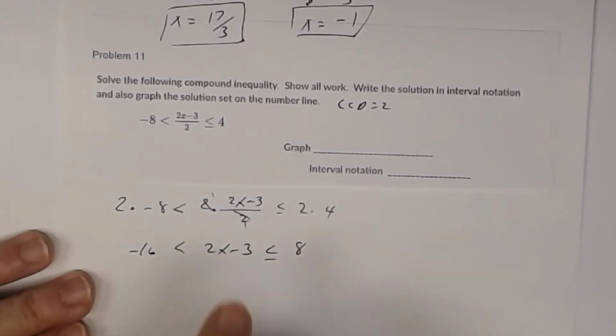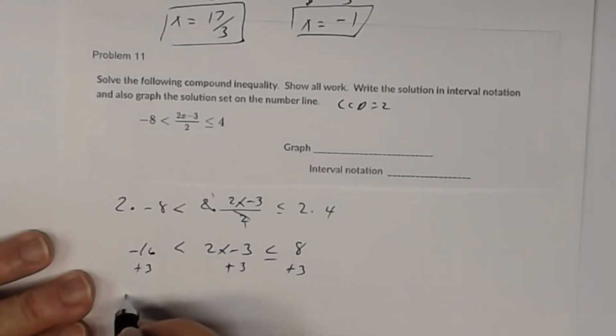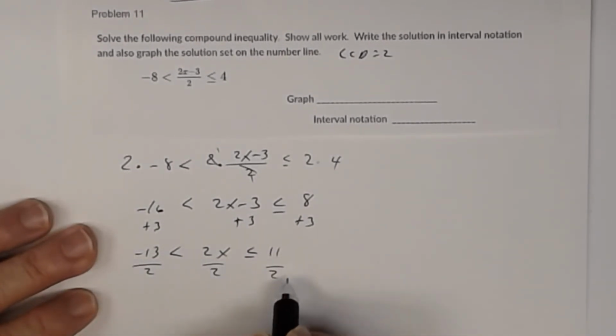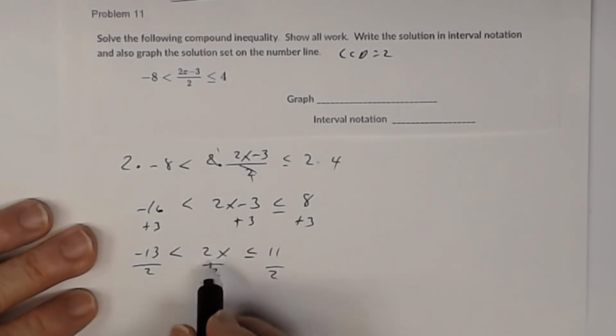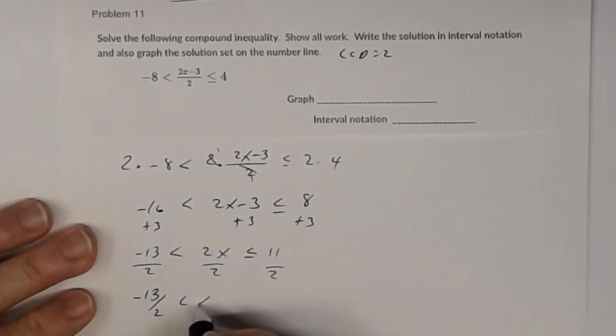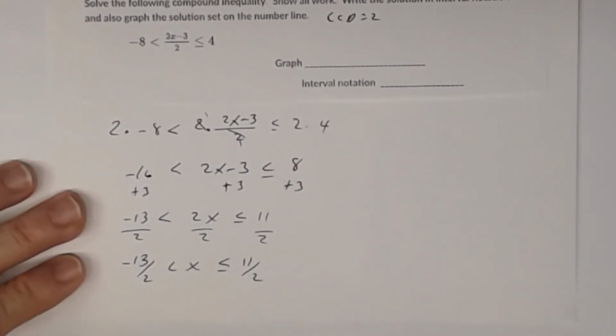So you're going to add 3 to all parts, and you get negative 13 is less than 2x is less than or equal to 11. Then finally, you're going to divide all parts by 2, the coefficient of x, to get x by itself in the middle. And so you get negative 13 halves is less than x is less than or equal to 11 halves. So any real number between these two will be a solution to the original compound inequality.